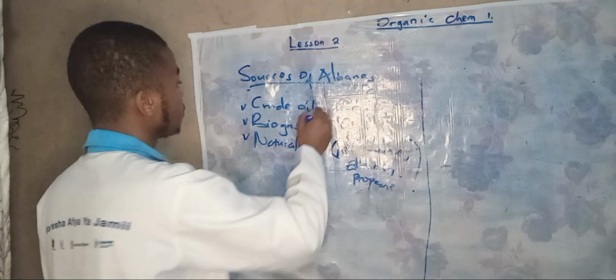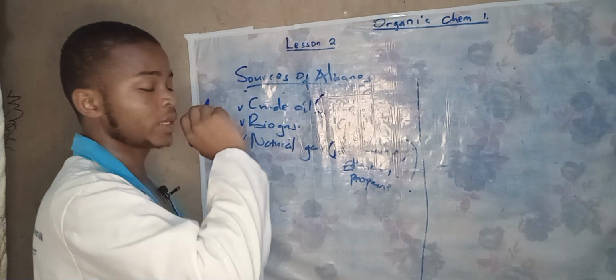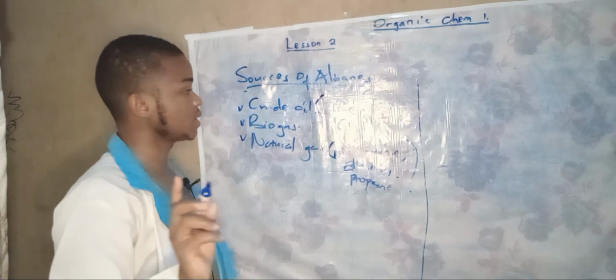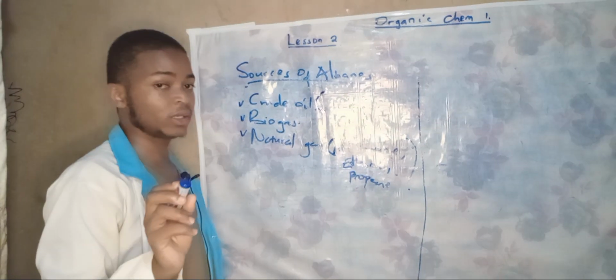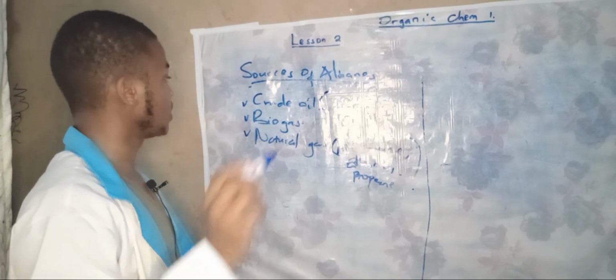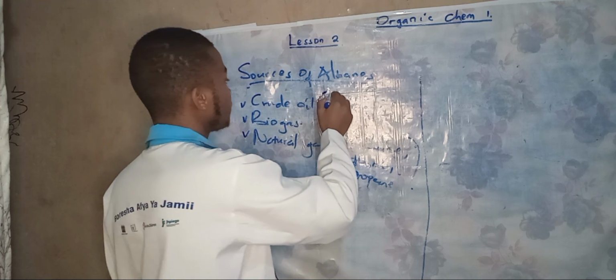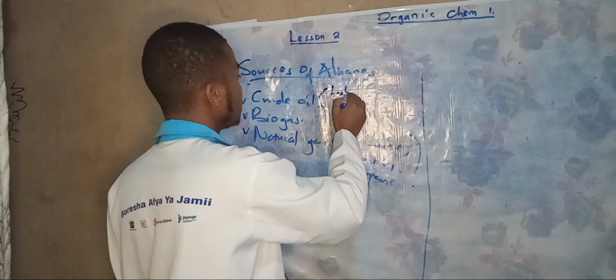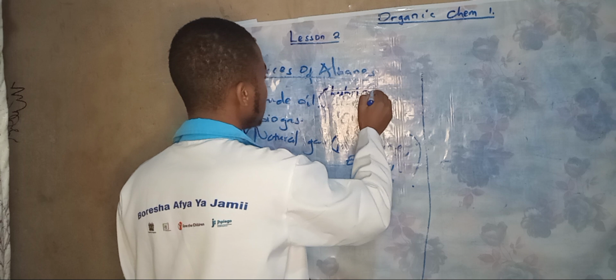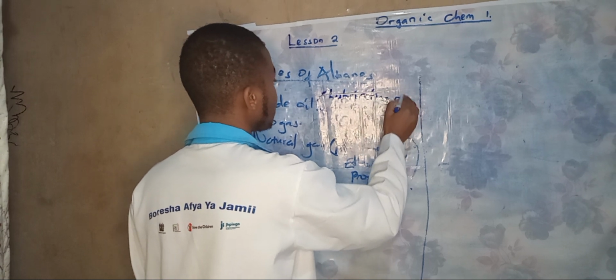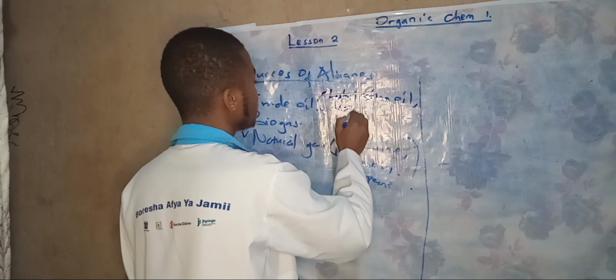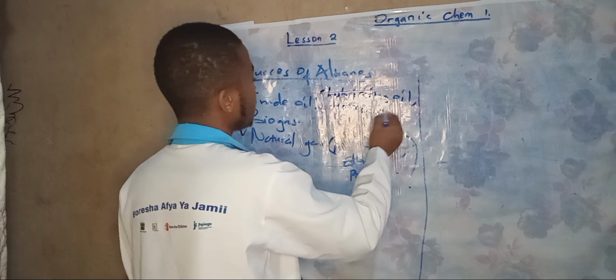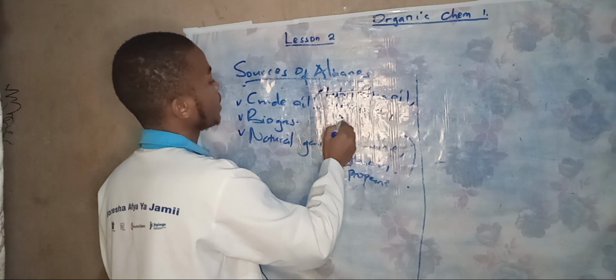We also have the crude oil, which comprises so many components. So there we have lubricants, which is lubricating oil. We have kerosene, right? We have petrol.